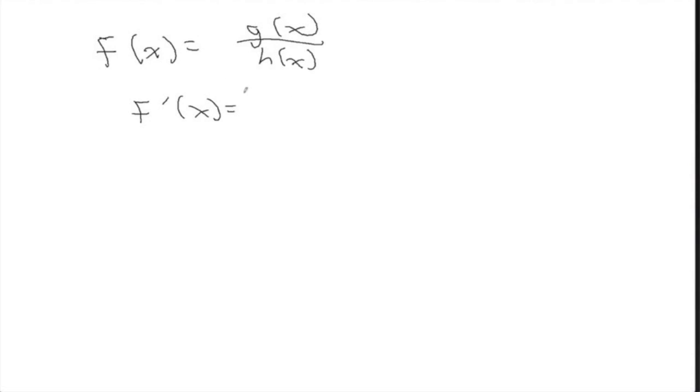But it turns out it's much more complicated than that. I'm going to leave out the x's here to make it easier to see the formula. Okay. And this is one of the more complicated formulas you'll have to memorize in this class.